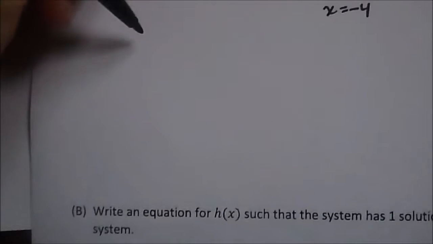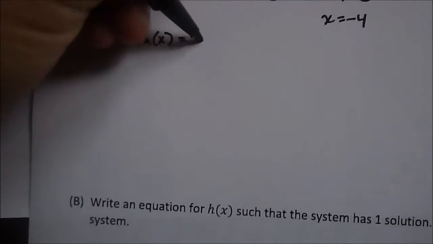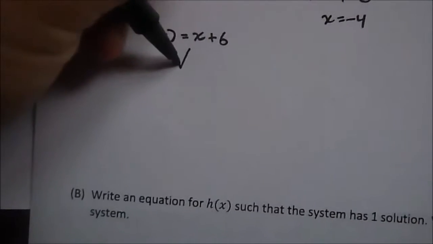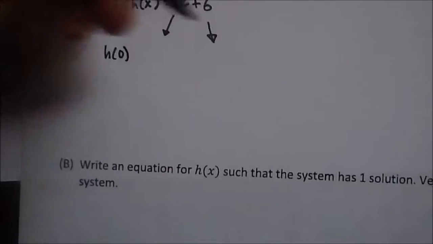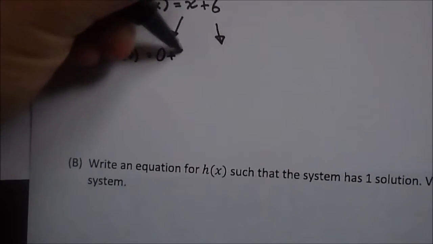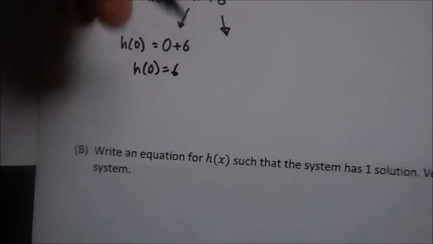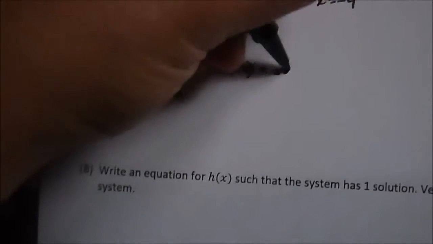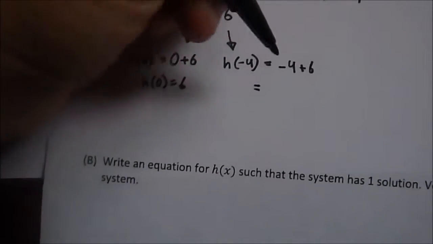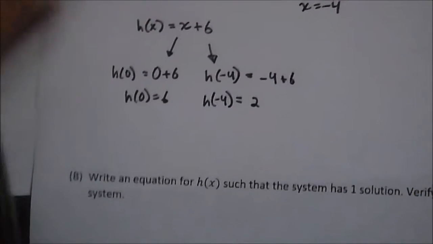So it's much easier to substitute into h of x. So I have that equation, h of x equals x plus 6, and I'm just going to substitute in to find h of 0. And I see that h of 0 is 6, and h of negative 4 is negative 4 plus 6, or h of negative 4 is equal to 2.